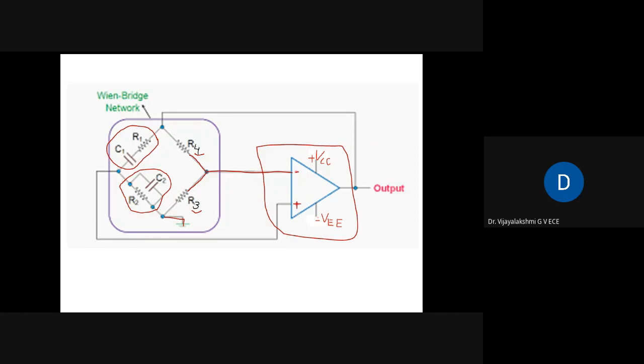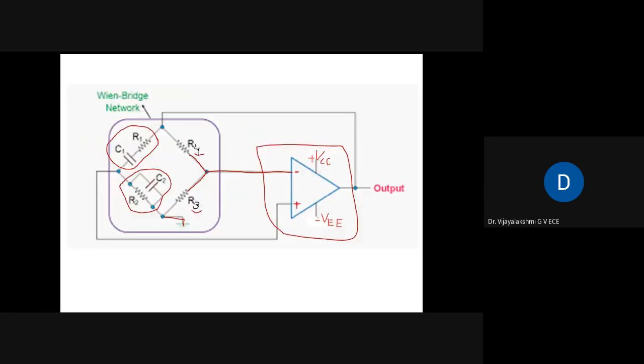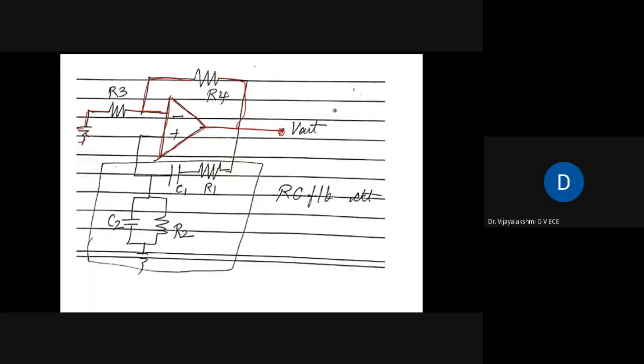Now here R3 is going to ground. From the non-inverting terminal, R2 and C2 form a parallel combination going to ground.